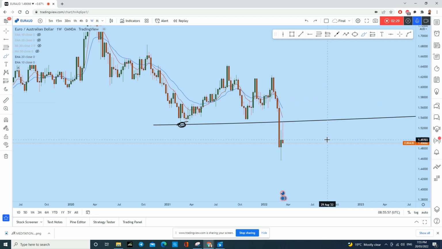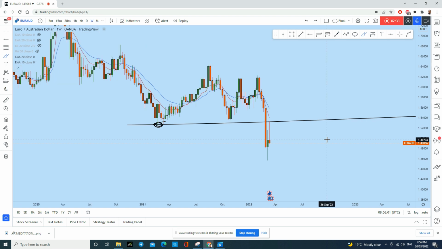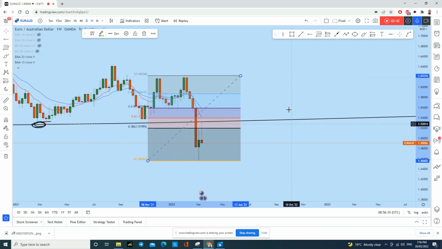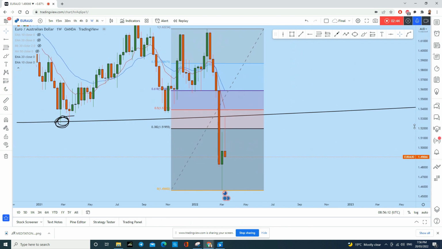Now let's see also the Fibonacci retracement, how much retracement it has made so far in Euro AUD. To do that, take your Fibonacci and place it at the start of the move to the end of the move, and you see that Euro AUD has just retraced from the 38.2 to 50% Fibonacci level, and we see a rejection from here.